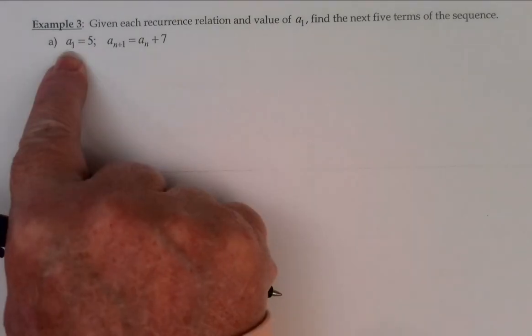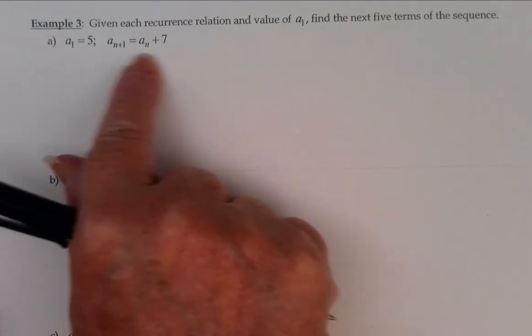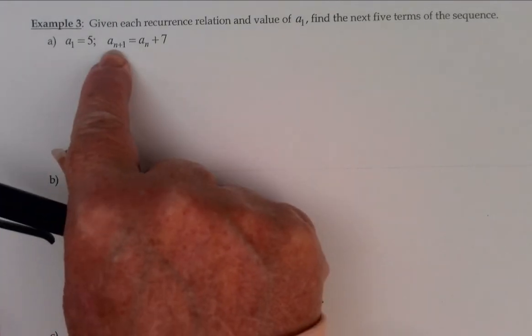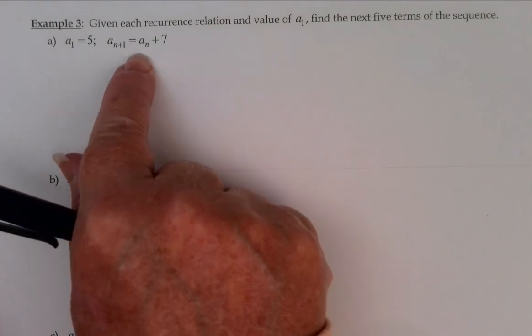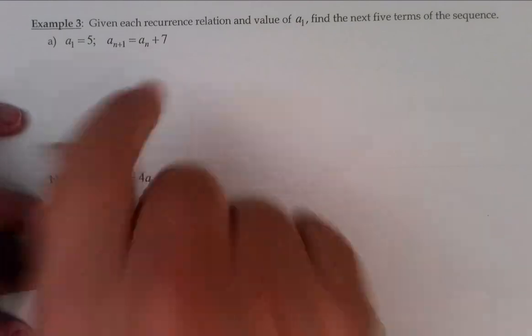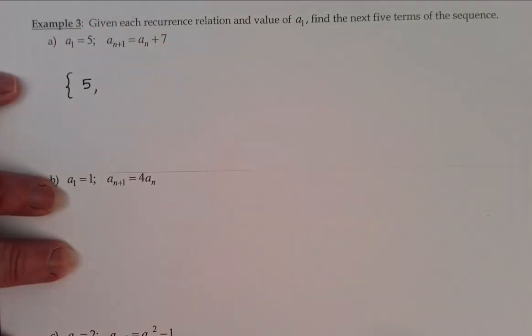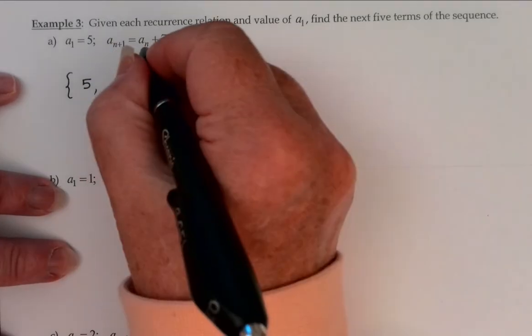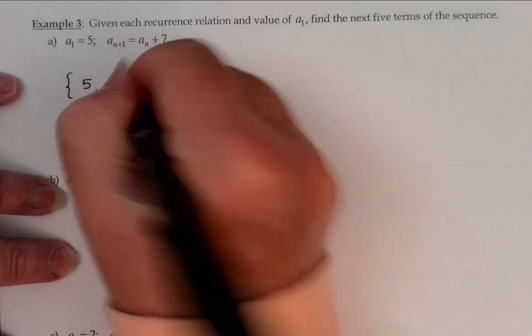So in this case, we've got A1 is given to us as 5. And then the recurrence relation says, to go to the next term, take the previous term and add 7. So 5 being our first term, the given, 5 plus 7 would be 12.